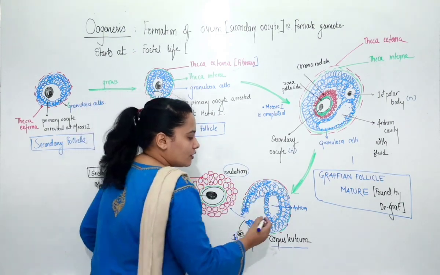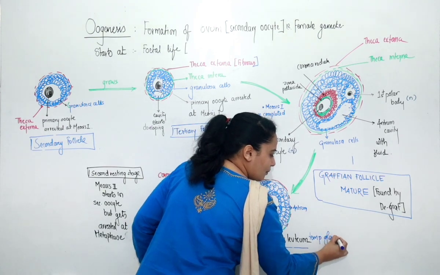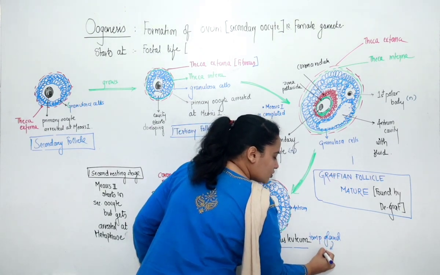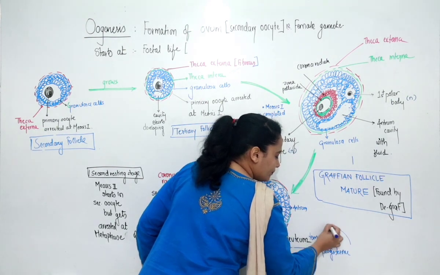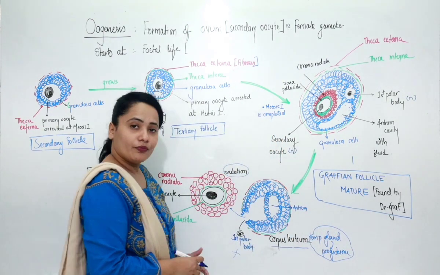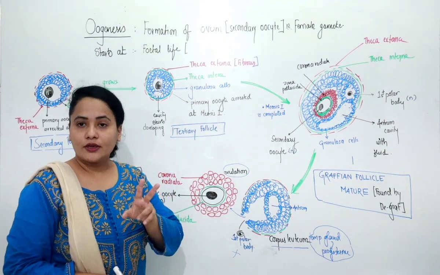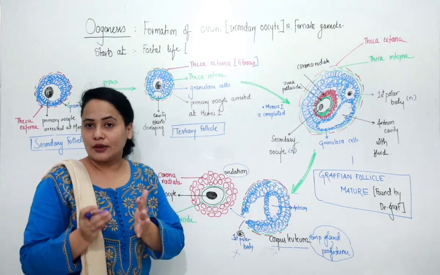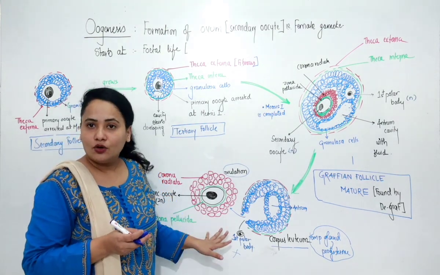This corpus luteum is a temporary gland. Remember that? And it secretes a hormone called progesterone. Remember this. Okay. So once ovulation occurs, two things are formed. One is the corpus luteum, a temporary gland, and the other is the secondary oocyte.